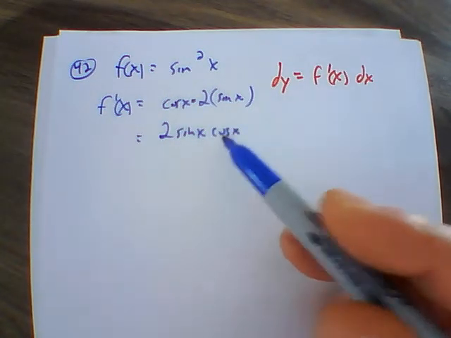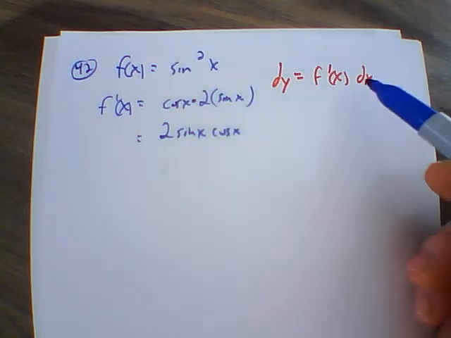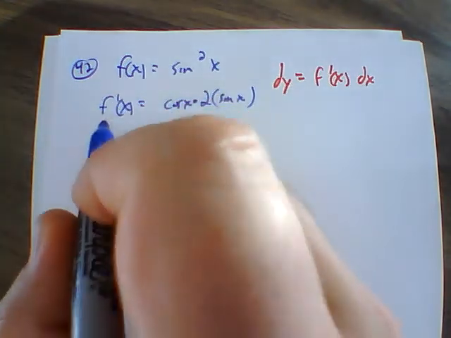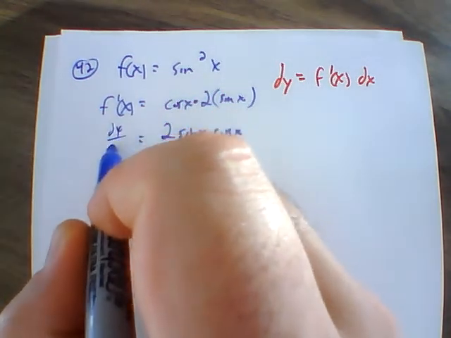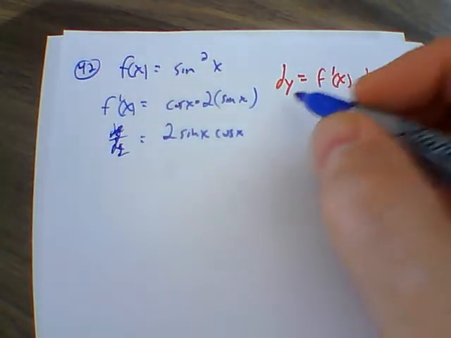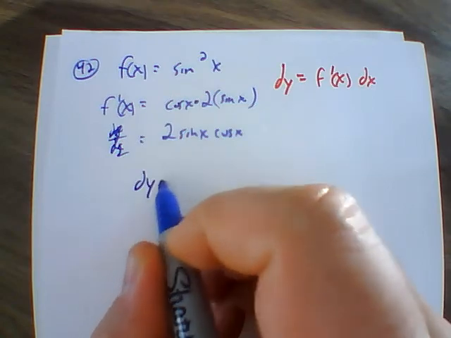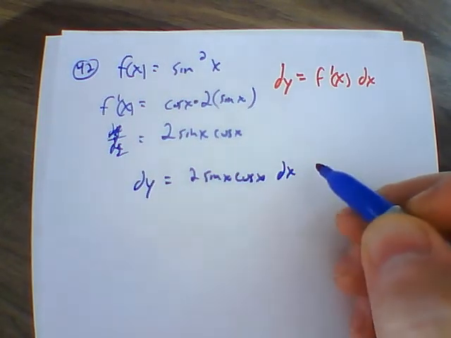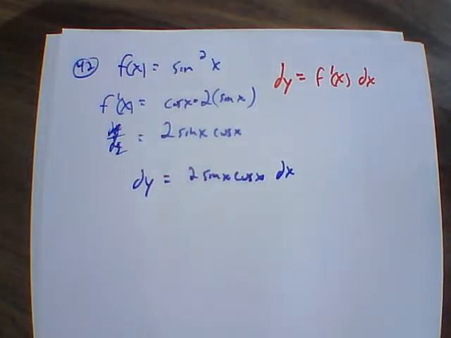Now that I found this derivative, to write it in this form, rather than stating that it's f prime of x or dy dx, where if I said y equals, I would write it this way and state that dy equals 2 sine x cosine x dx. This differential part really comes into play in our last section in this chapter, when we start talking about the antiderivative and how we start going backwards.